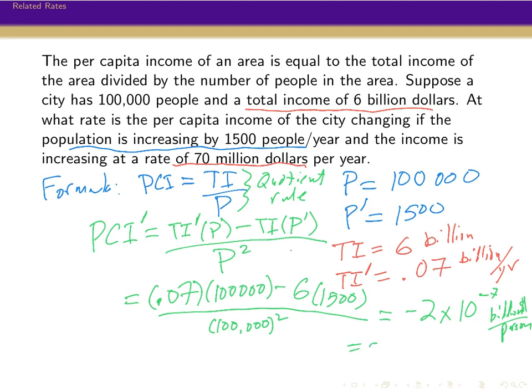So if I do minus 2 times 10 to the minus 7 times 10 to the ninth, it's going to give me minus $200 per person. And so that's my answer. So the change in per capita income is minus $200 per person.